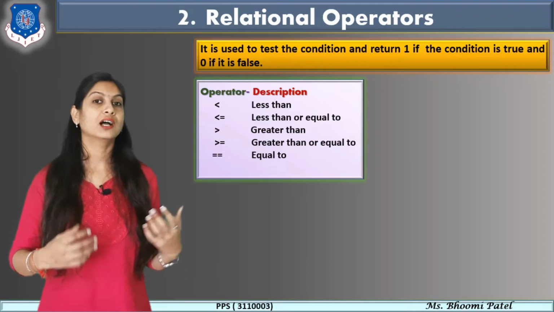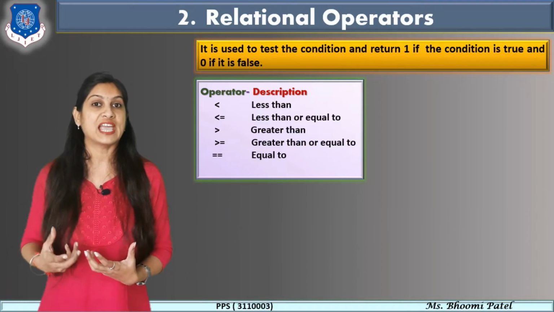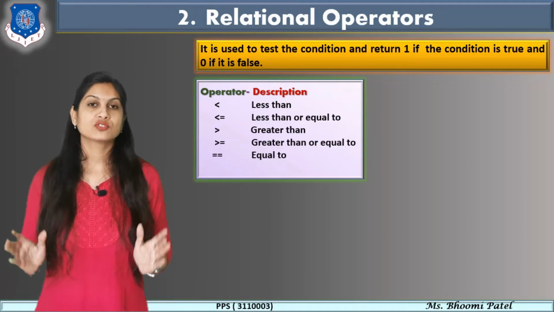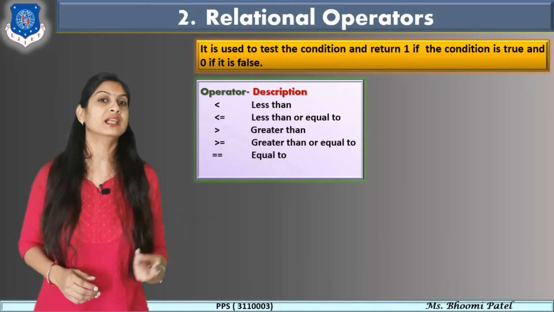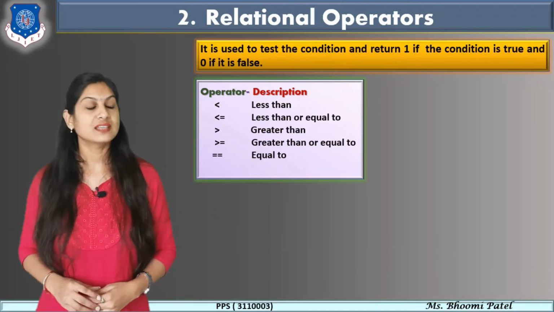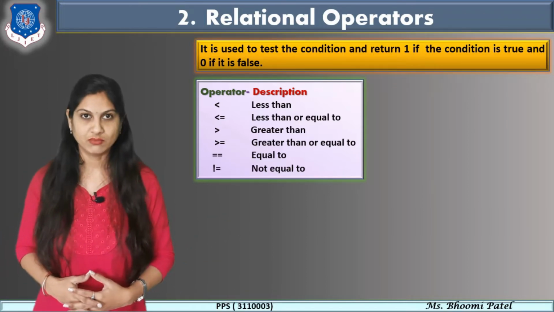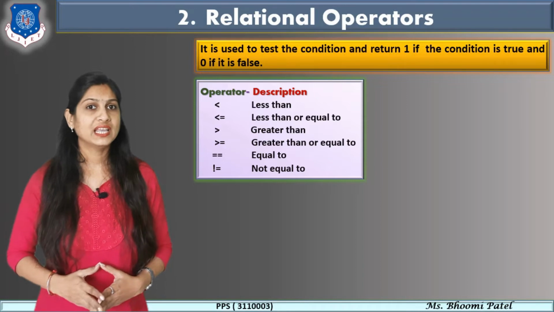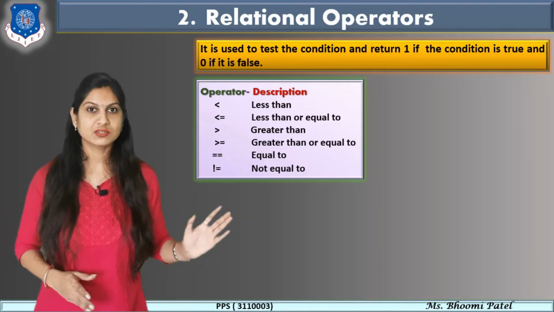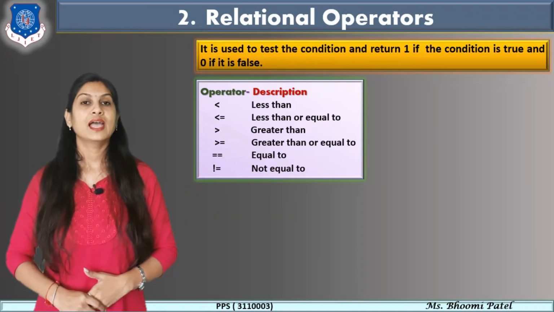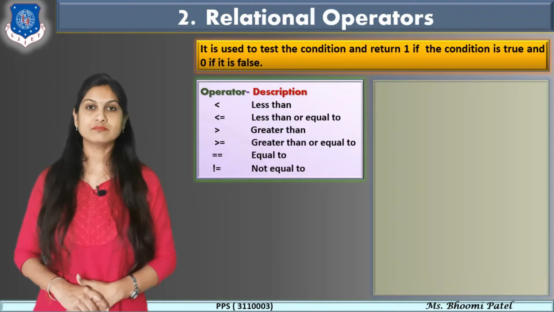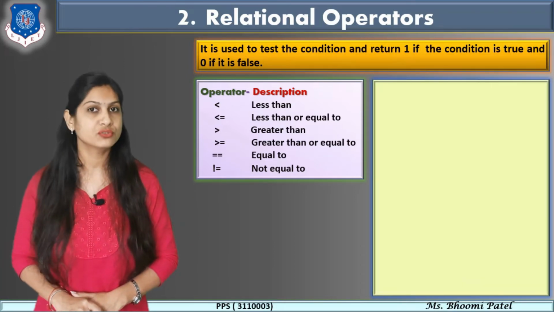Relational operators check comparisons, so for comparison you put double equal, and the last is the exclamation equal symbol, which indicates not equal to. Now let us clarify all the relational operators with one simple example, finding the maximum of two numbers.